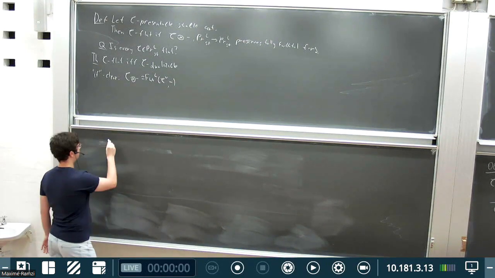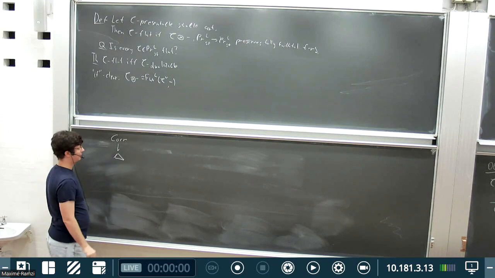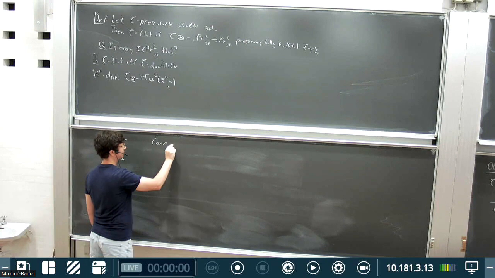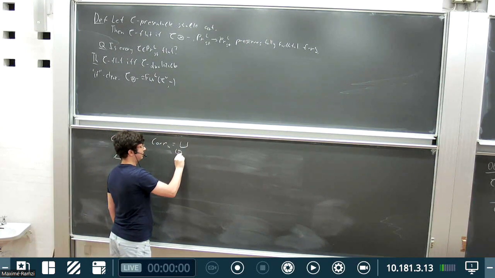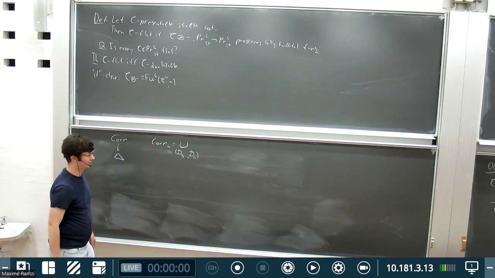Basically, this infinity two category of correspondences can be described as a fibration over delta where the fiber over n is the disjoint union over all collections of n plus 1 presentable stable categories.